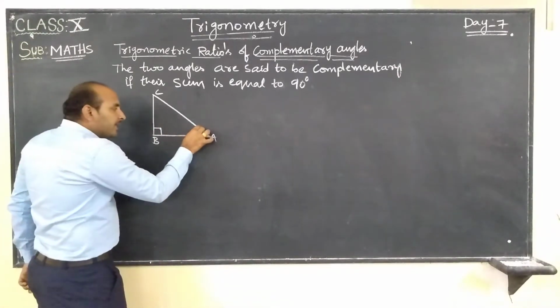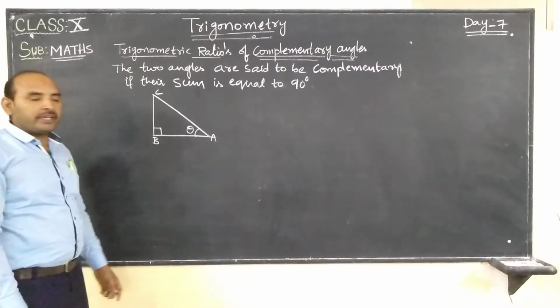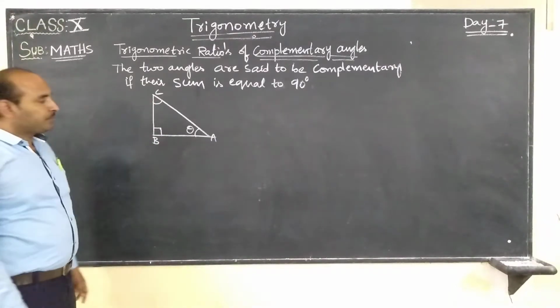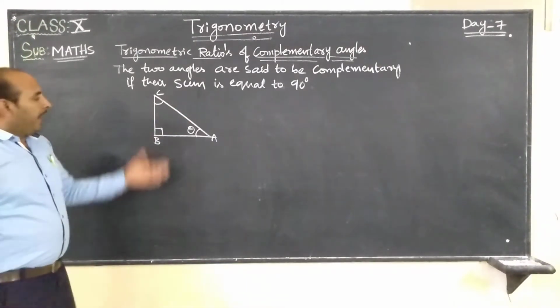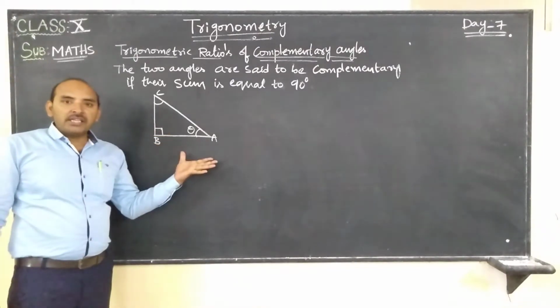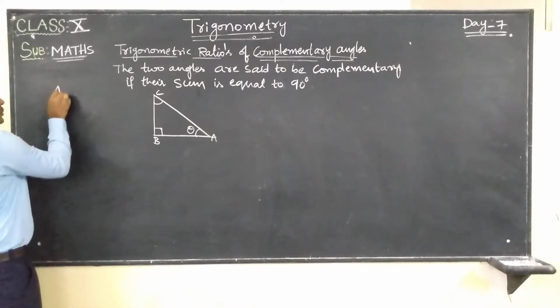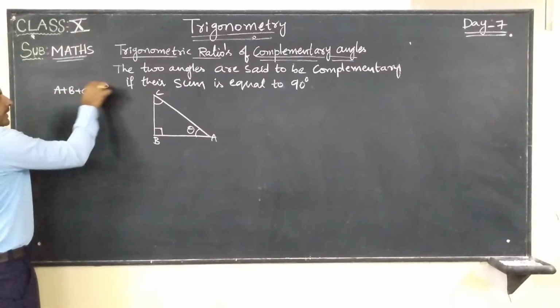Now let us take this angle. I am taking theta. Let angle A be equal to theta, but we don't know angle C. We have to find it out. According to the triangle, the sum of three angles is equal to 180 degrees. So A plus B plus C is equal to 180 degrees.